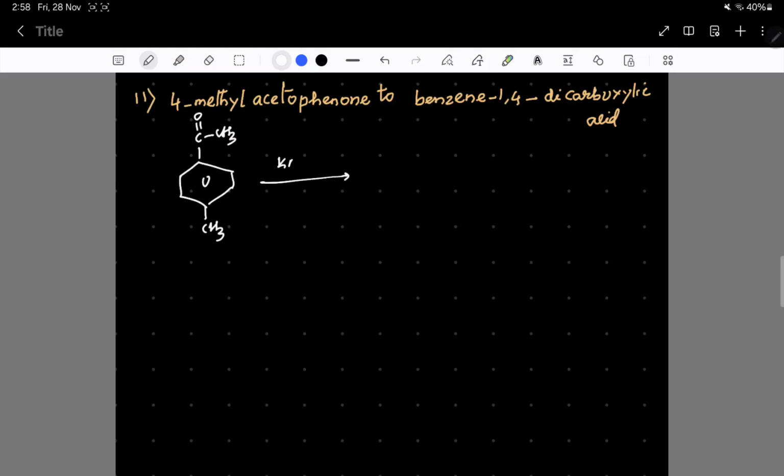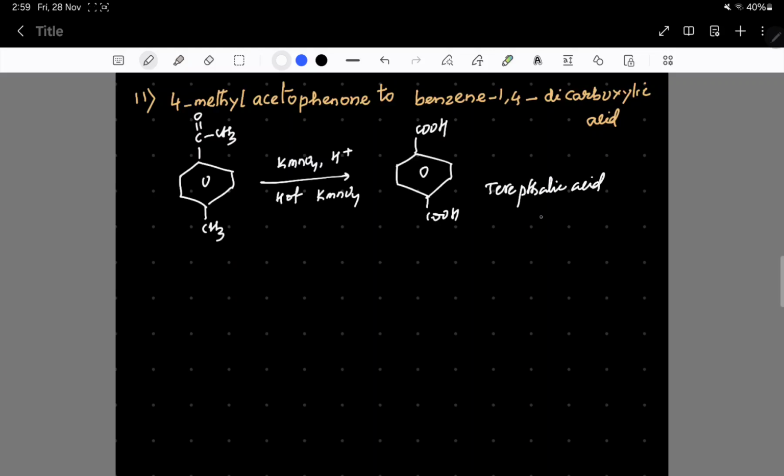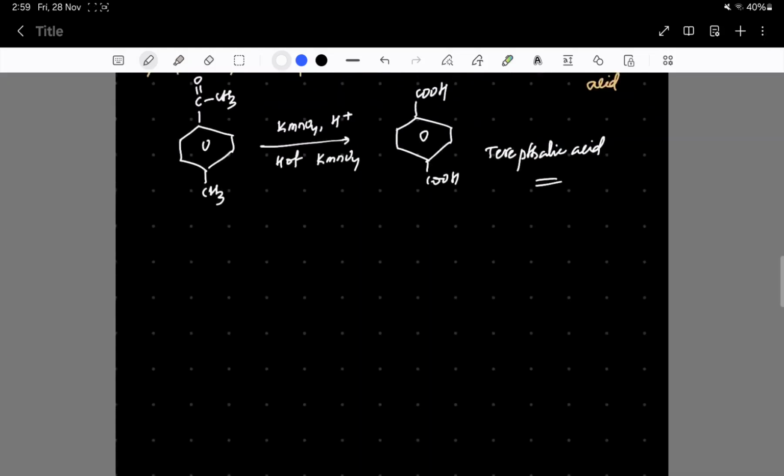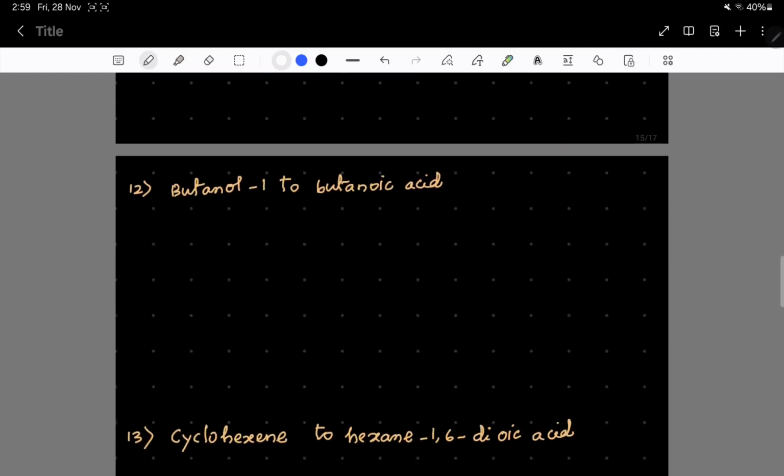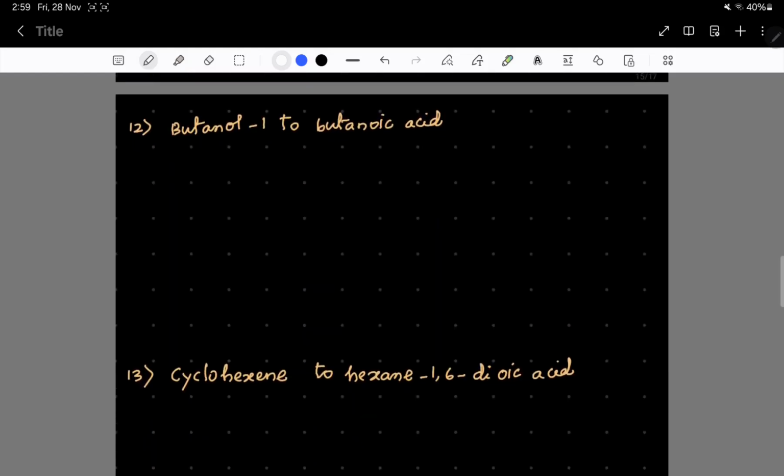Using KMnO4 H plus, or you can use hot KMnO4, this will be converted into COOH and this also is converted into COOH. This is called terephthalic acid, or we can call it benzene 1,4 dicarboxylic acid. Simply we call it H2BDC, right?